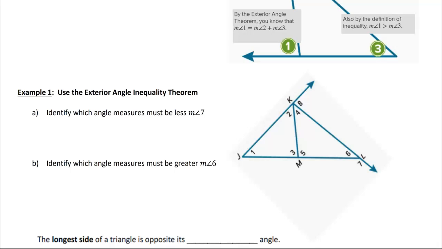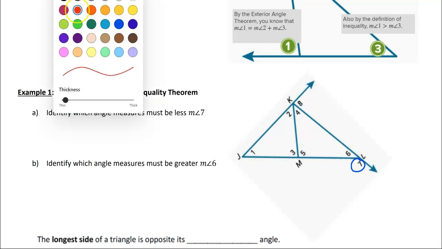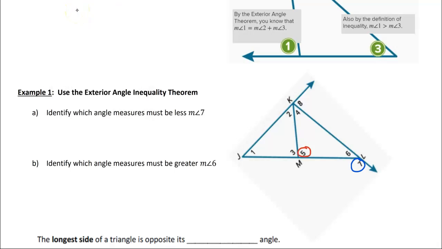So we're going to identify each angle measure that would be less than 7. So if 7's my outside, I'm going to look for my two remote interior, which would be this one and this one. And it technically could also be, if we're looking at it like a big triangle versus a small, it could be 1 and then the combination of 2 and 4 as well. So all of these angles I've just circled in red are going to have to be smaller than angle 7.